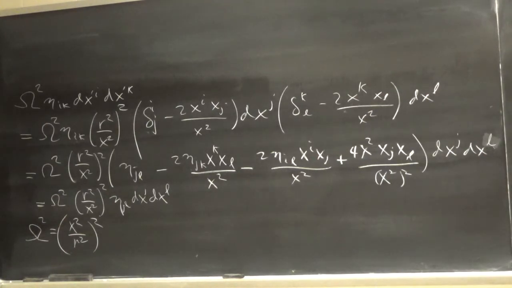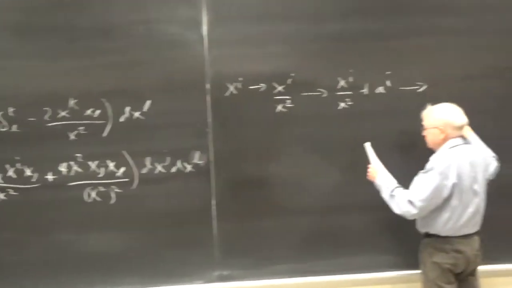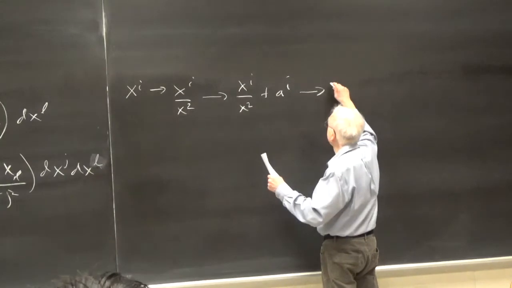Let this go to x^i over x squared plus a^i. That's a translation. And now let this go to another inversion.